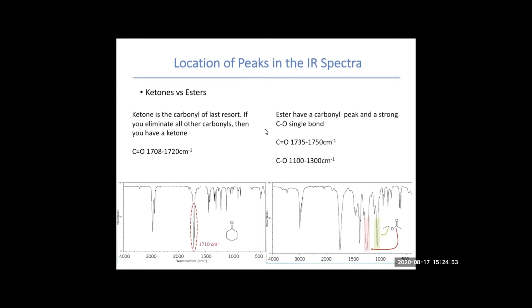First, looking at our ketone versus our esters. Ketone is a carbonyl of last resort, is what I tend to like to call it. So you have to eliminate all the other carbonyls before you decide you have a ketone, since the only distinguishing factor about a ketone is the fact it has that C double bond O. That C double bond O shows up between 1708 and 1720.